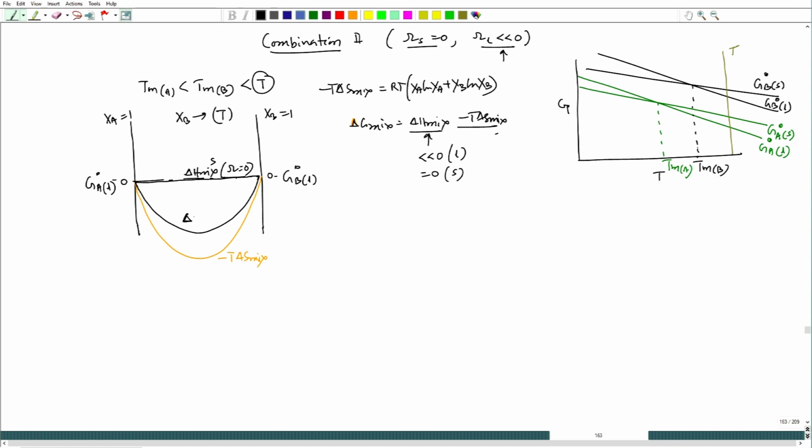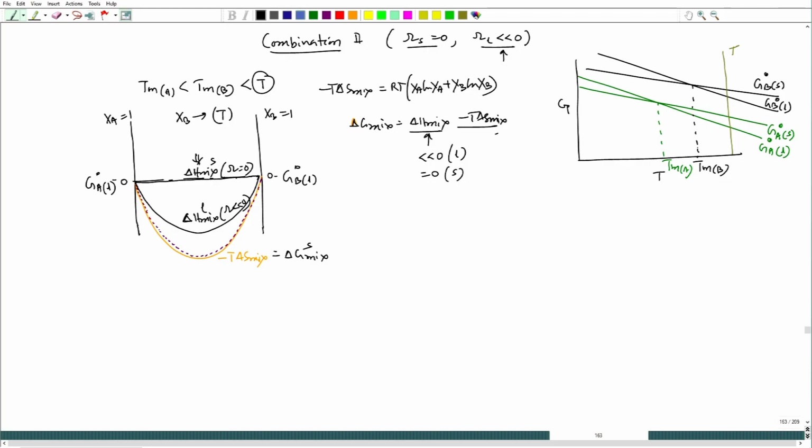So, this is delta H mix for liquid, omega less than or equal to 0. Now, if I plot delta G mix for solid, it will actually lie on the same line. I am just putting a dotted line, a little away from the minus T del S mix, just to indicate the position, but they are actually merging. So, this is delta G mix for solid, because this value equals 0.